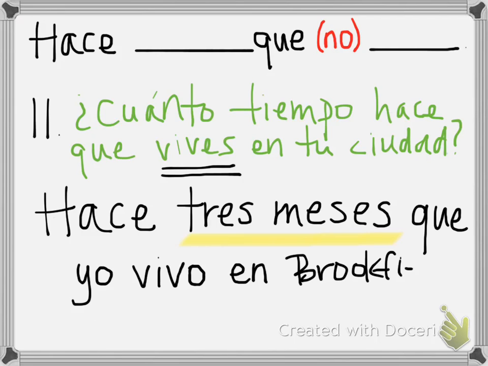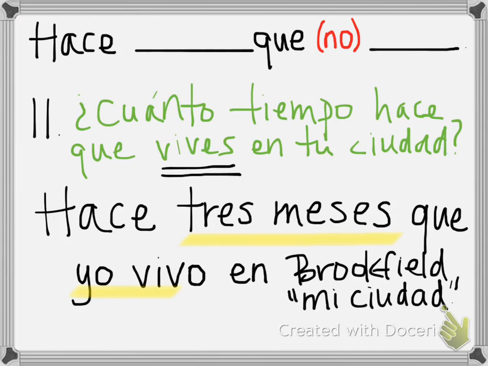However, you could just put the generic phrase en mi ciudad, so in my city. Okay, so this is the second part of this that you're going to be filling in. But remember, we still have the hace, we still have the que. We are not losing this structure.